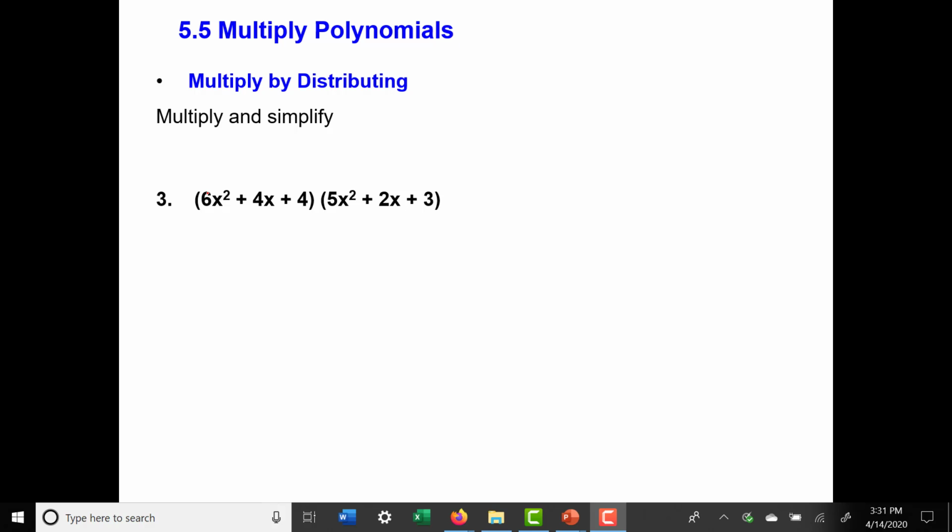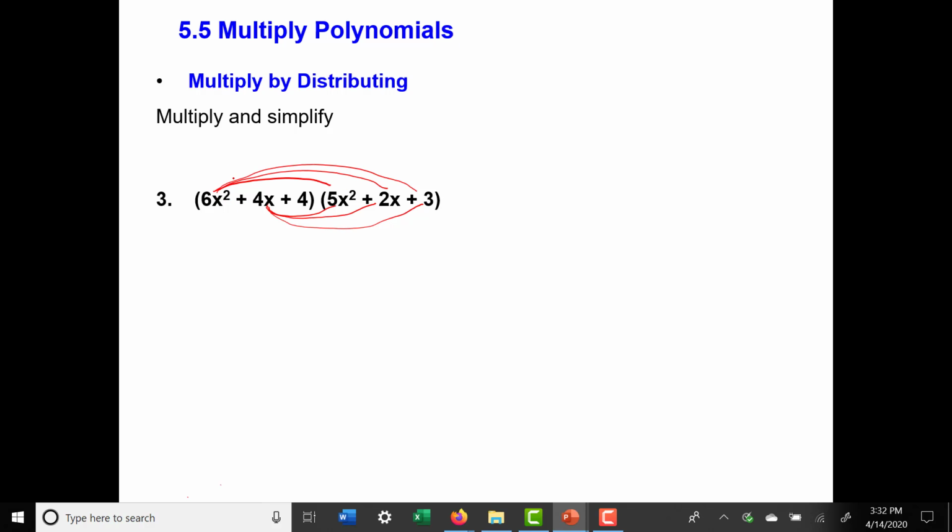We distribute the 6x to the second through the second parenthesis, then distribute the second term through the second parenthesis, and we distribute the 4 through the second parenthesis also.